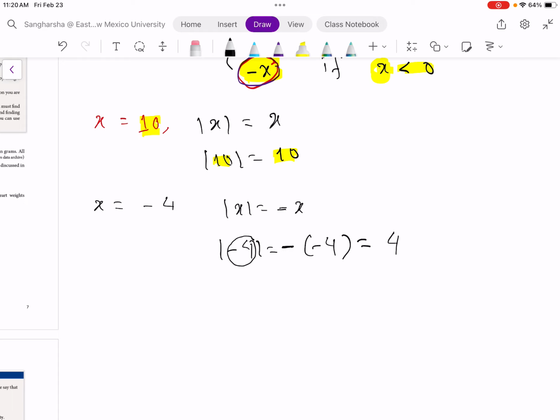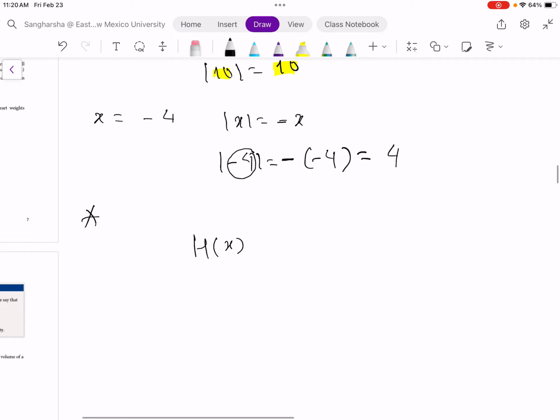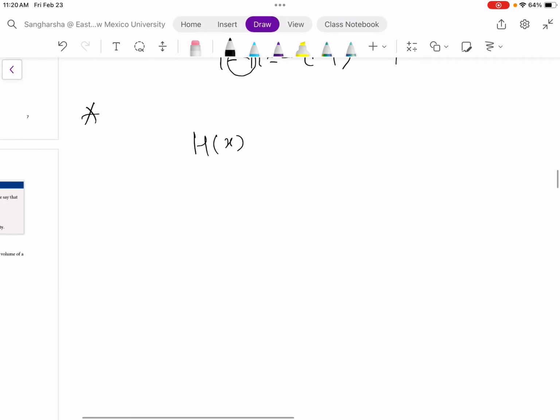Okay, let's do one more example. Do you have any question here? And we'll do a similar example, okay? So our function, we have h of x. This is a piecewise function, okay? And this piecewise function h of x is equal to 1 if our x, which is input, is less than 0, okay?